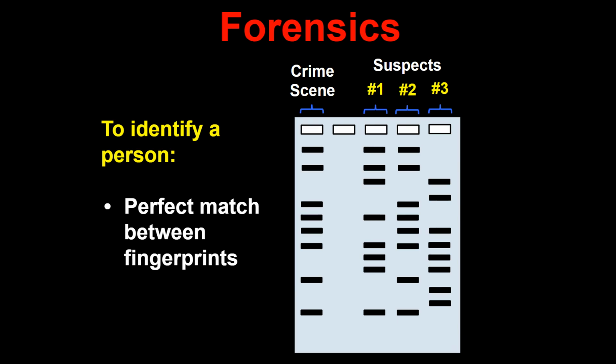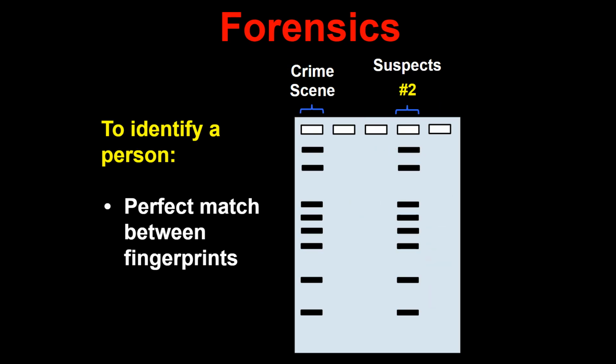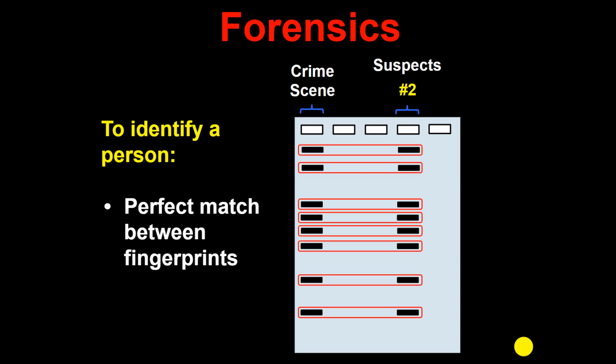Now, when I look at these, I can see suspect number 3 does not match up exactly. Suspect number 1 does not match up exactly. That means that that's not their DNA. Suspect number 2, on the other hand, every single band at the crime scene is also in the suspect, so that was their DNA. They left DNA at that crime scene.